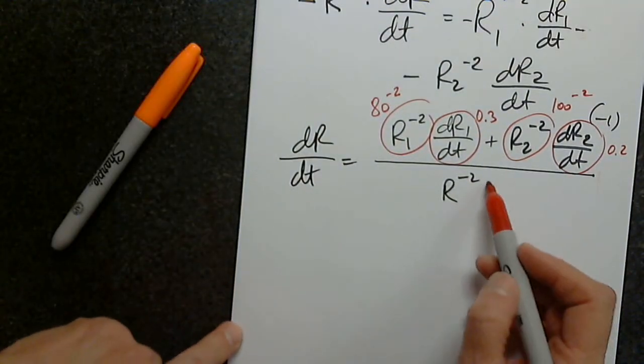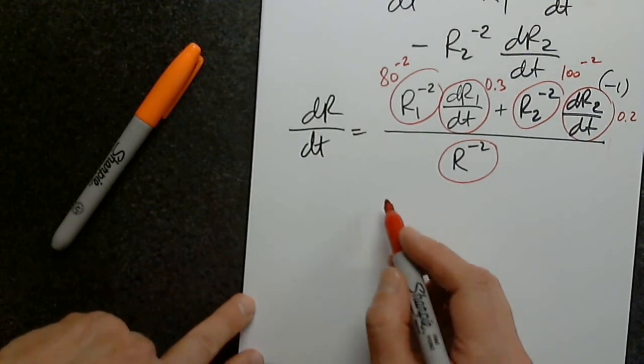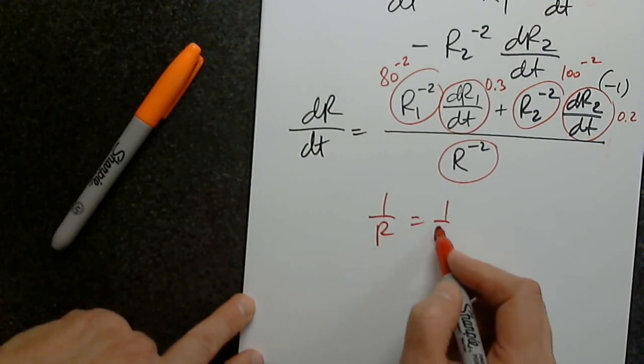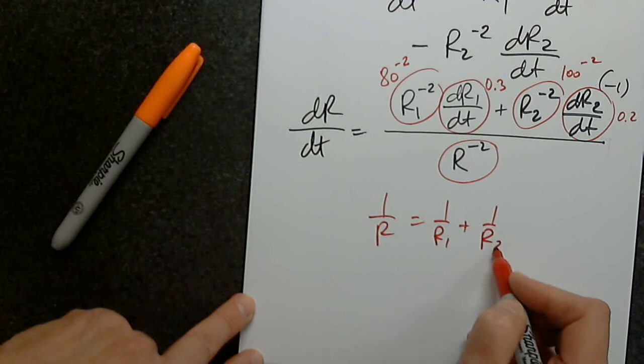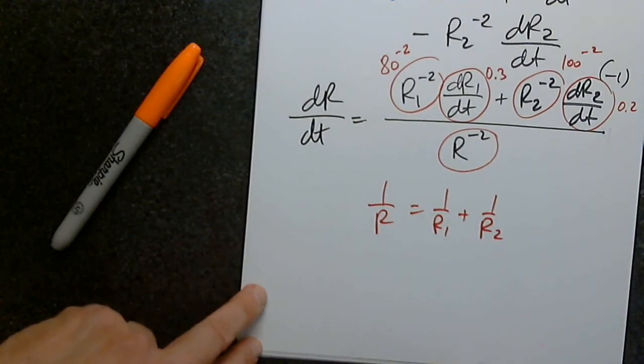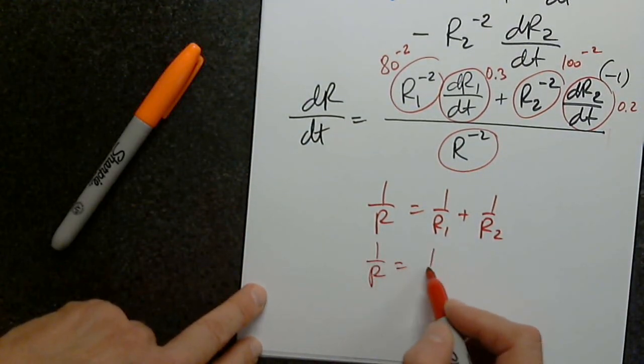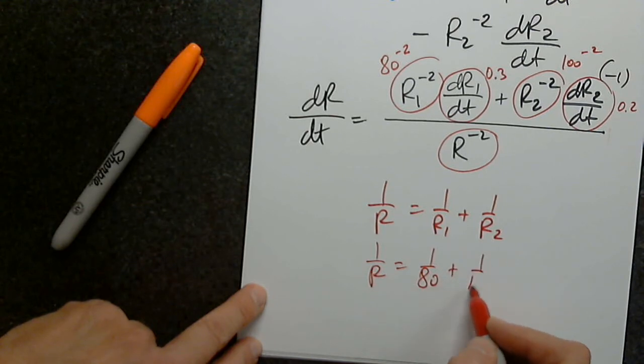So I can plug it in here because I don't have this. So 1 over r equals 1 over r1 plus 1 over r2, or 1 over r equals 1 over 80 plus 1 over 100.